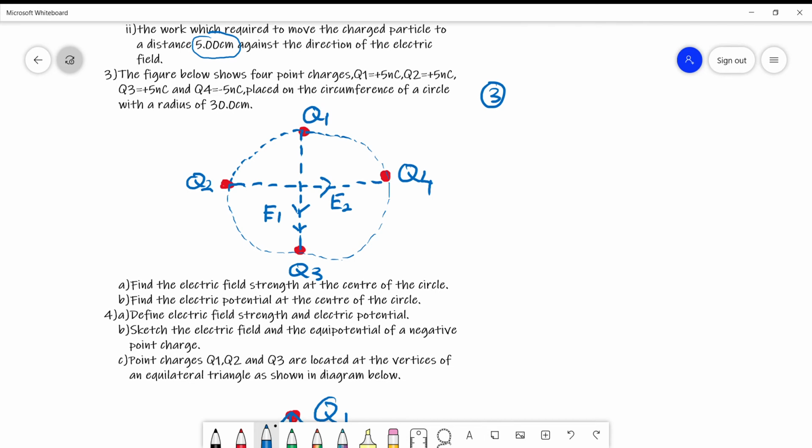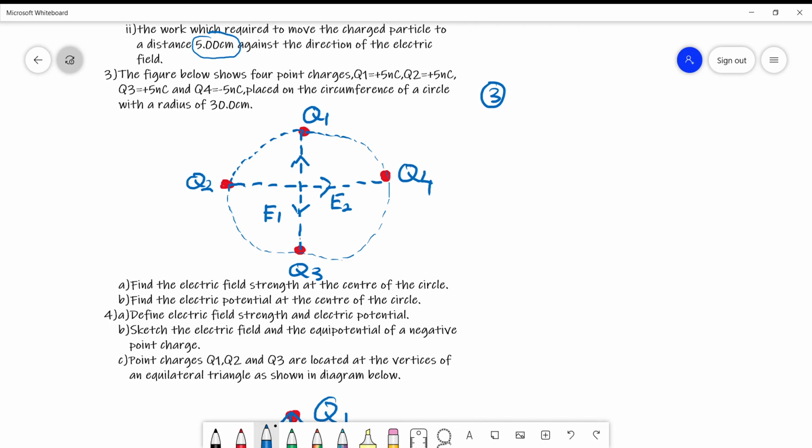Q3 is positive, so the field is pointing upwards, since the electric field points outwards from a positive charge.